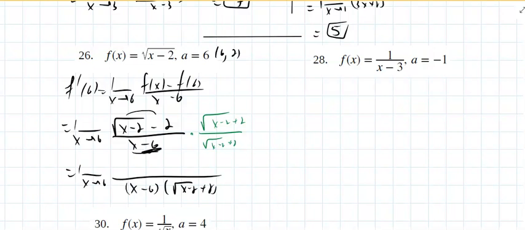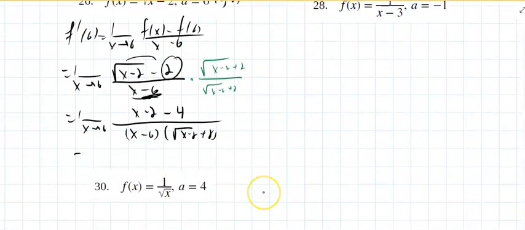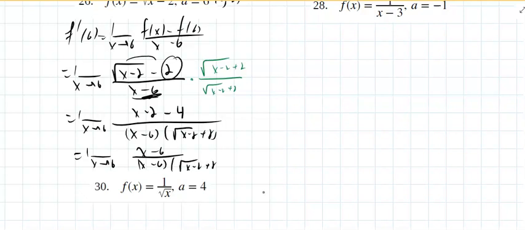The top, I'll get the first squared minus the second squared. And what do you notice? It's magic. No, it's math, really. Isn't that x minus 6 over x minus 6 times the square root of x minus 2 plus 2? So these cancel out. And last step, substitute a 6 in and you're done.